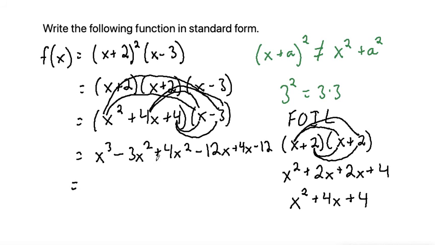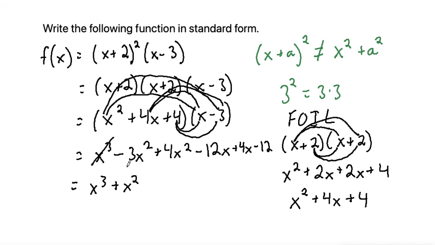So there's no other x cubed terms, so we can bring that down. We have a minus 3x squared and a plus 4x squared. Those are like terms. Negative 3 plus 4 is positive 1. We don't have to write a 1 coefficient, so we can just write plus x squared. So now those two terms are done.